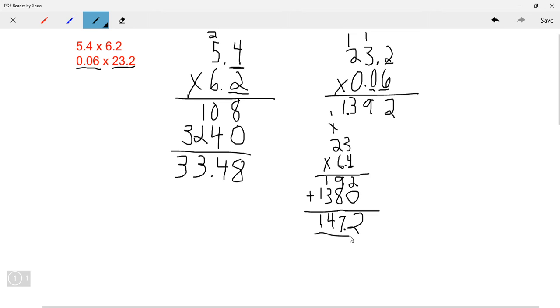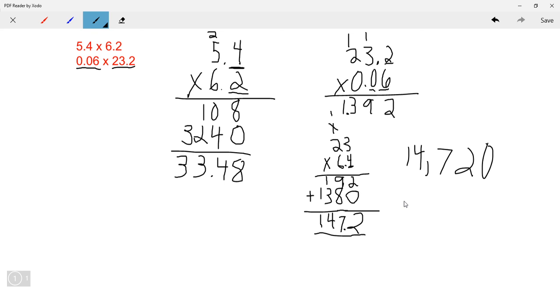But that's close to 147 and 2/10. Now, if 23 times 6 is 138, and all of a sudden I get 14,720 as the answer, well, that is not at all close to 138. So it's not a bad idea to just estimate afterwards so you have an idea.